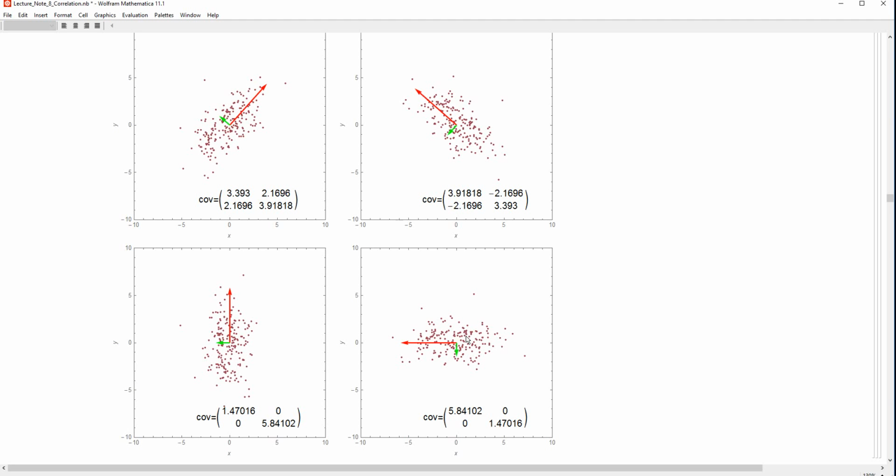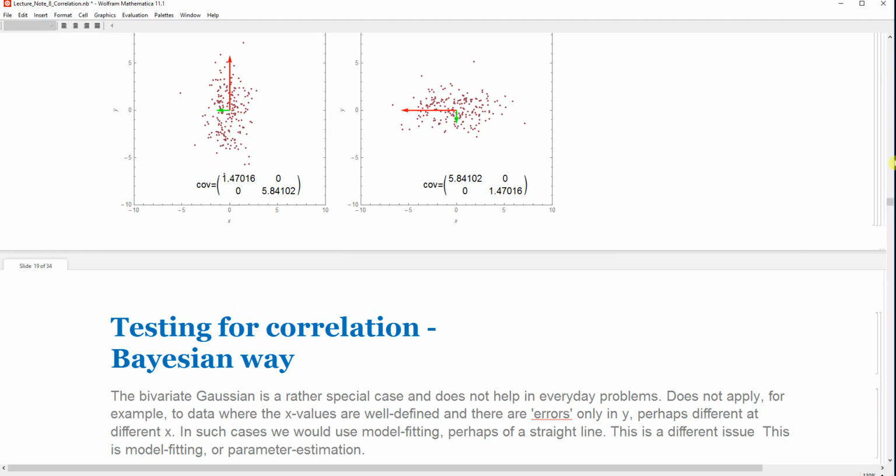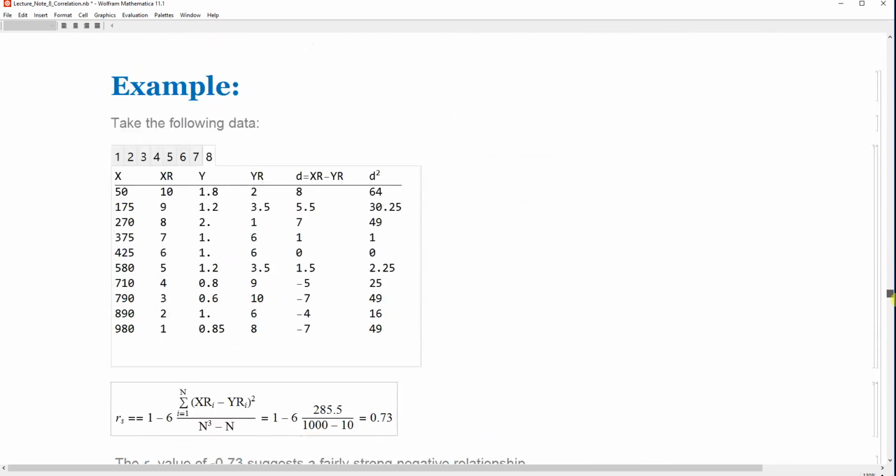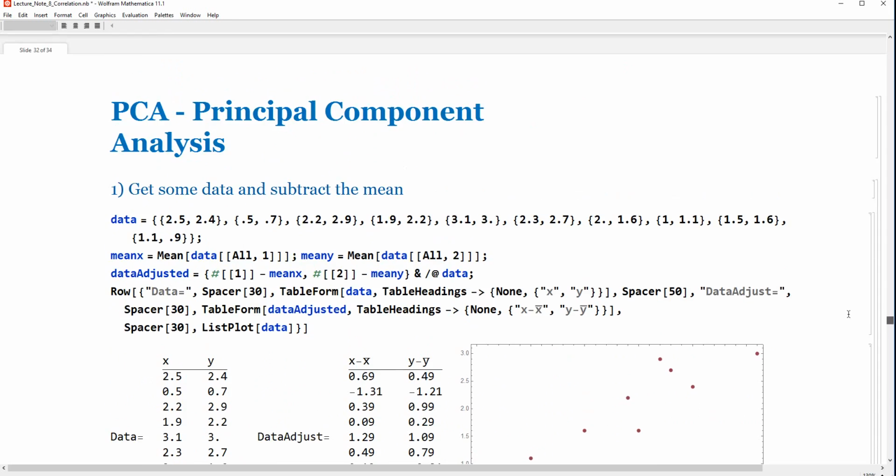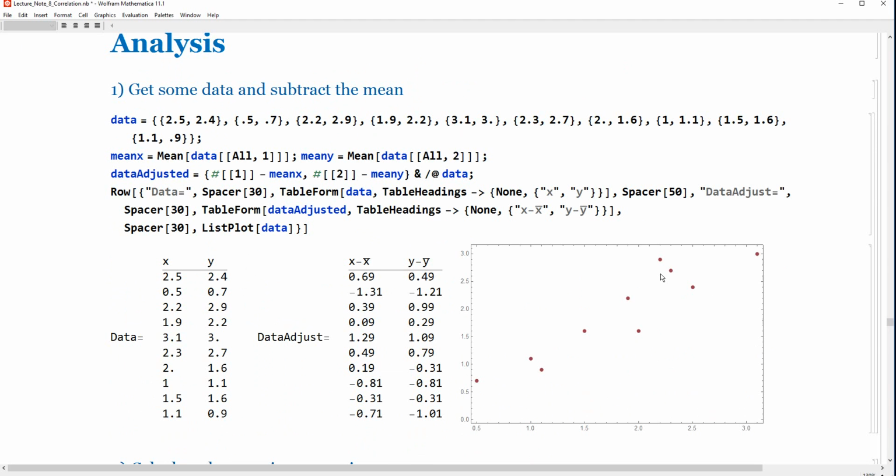Now the idea of the principal component analysis is to find a transformation such that we can find an ordering: this direction is the one with the most information contained, then this direction is the one with the second most, and so on.